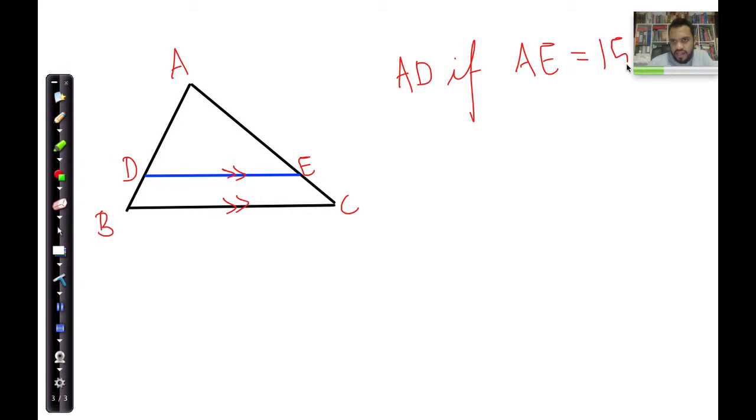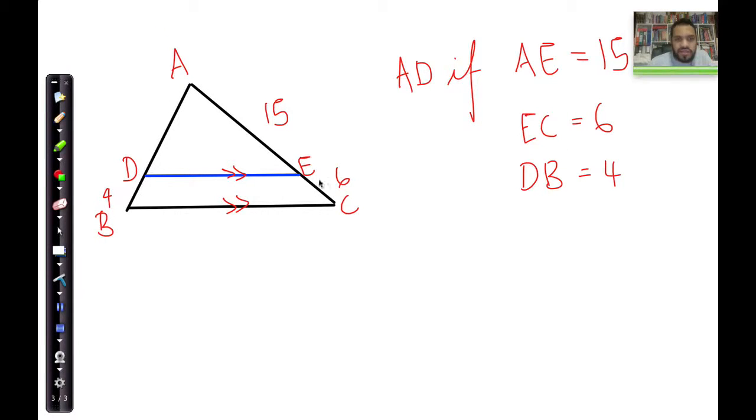So basically in the first example we're saying, let's determine AD if AE is 15, from there to there. EC is 6 units, and DB is equal to 4. So let's put that in. EC is 6 and DB is equal to 4.